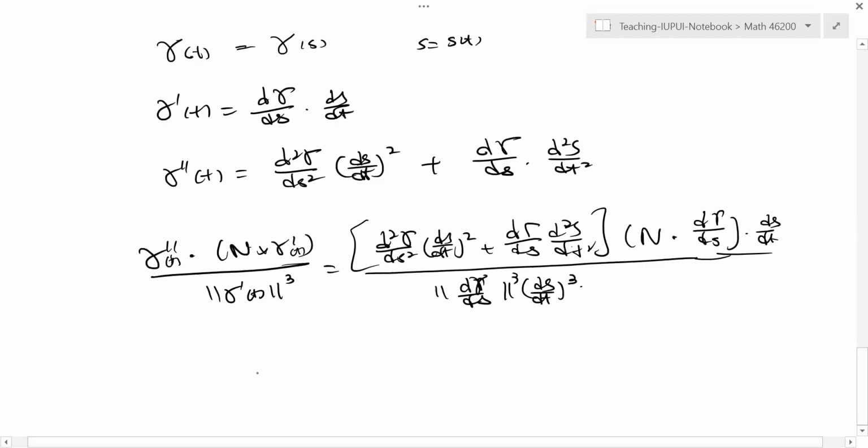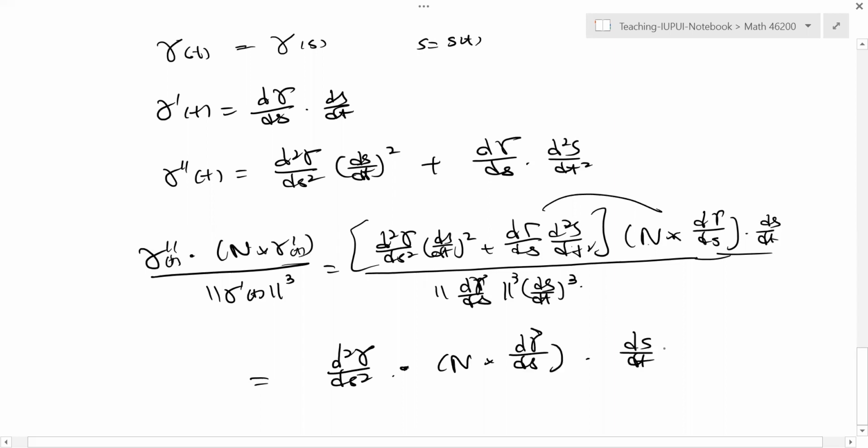Now, when you multiply this out, this term will be 0. The reason is n cross d gamma ds is perpendicular to the tangent vector, so the dot product with this is going to be 0. So what you get here is the dot product of n and d squared gamma ds squared, times ds dt cubed.